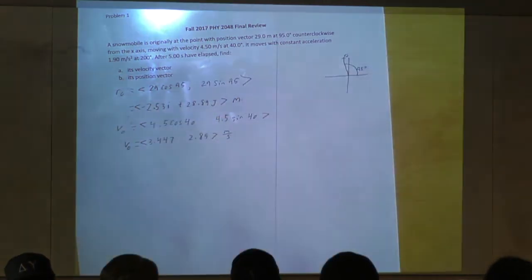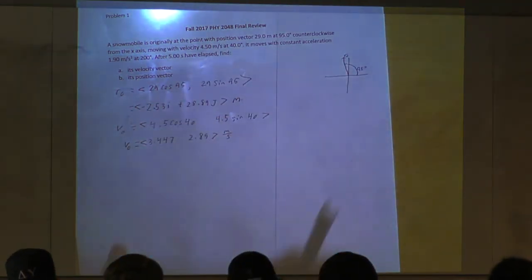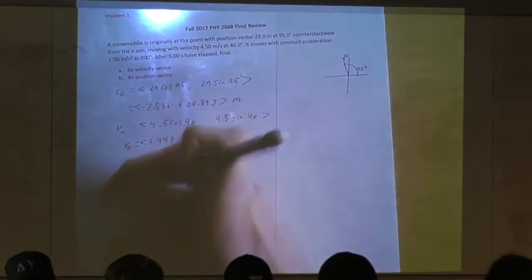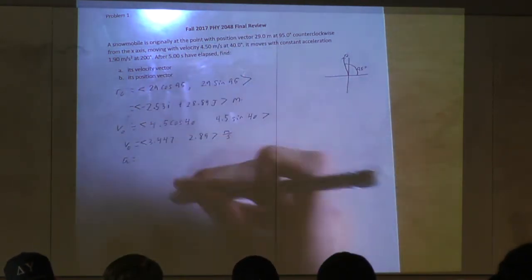Then we have velocity, so it's meters per second. And then our final one given to us is our acceleration.